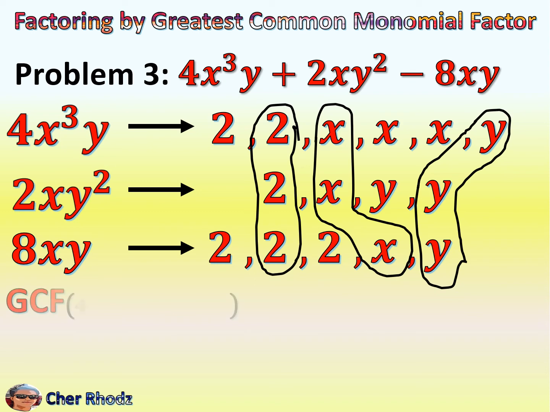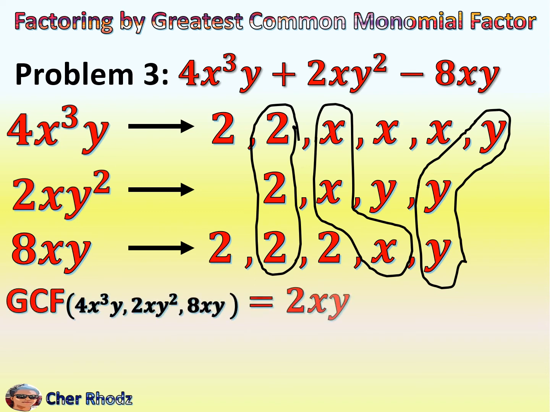Therefore, the greatest common factor of 4x cubed y, 2xy squared, and 8xy is 2xy. Now, let's write the given expression to its factored form. So, let's have the GCF, which is 2xy.